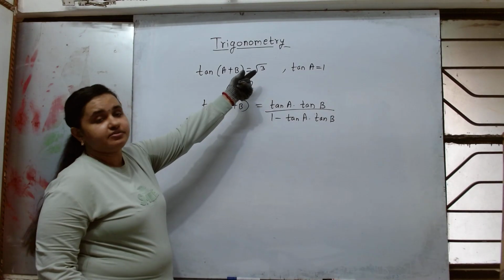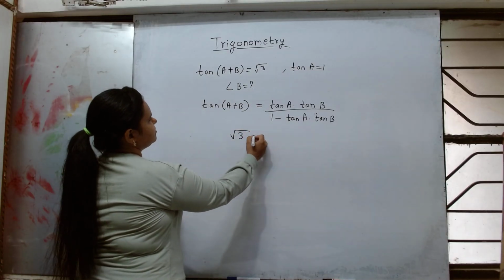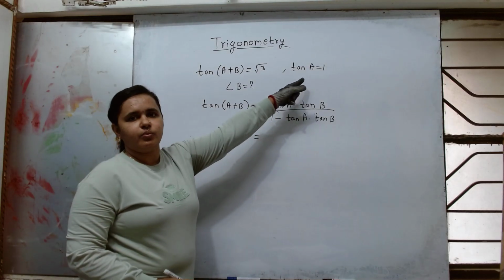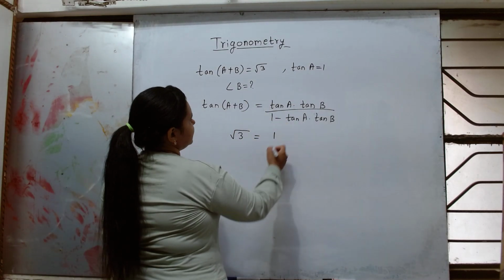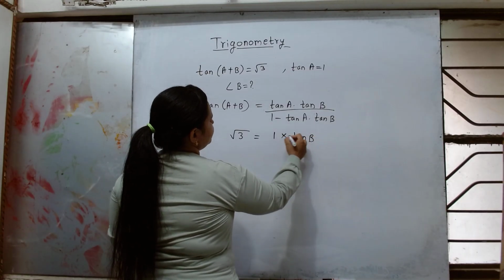Tan of A plus B is given as root 3, so root 3 is equal to tan A plus tan B upon 1 minus tan A tan B. Tan A is given as 1, and tan B we don't know.